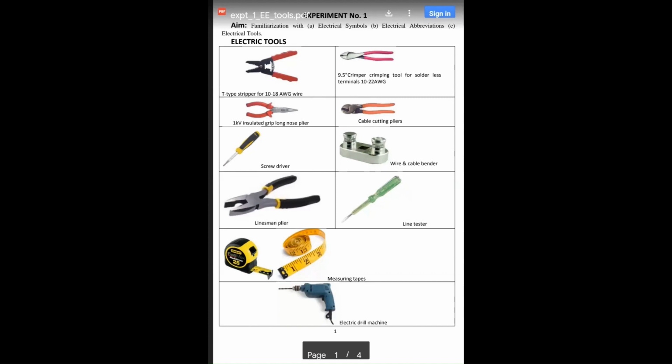The purpose of these cables is to draw the current from the mains and supply the current to the load, and it is destined to reach there. So these PVC cables, or the insulating part, ensure that the current flows only in that direction, only to the concerned device, and not elsewhere.